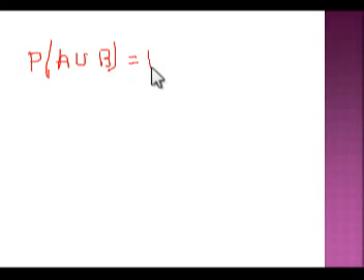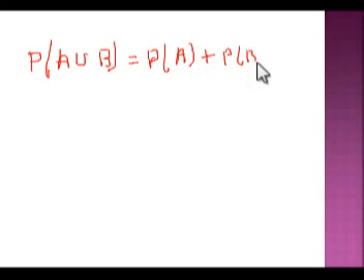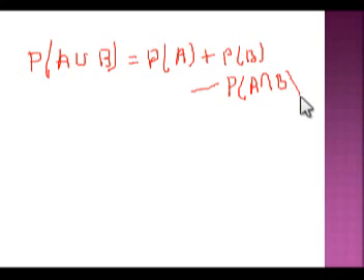So look at this: the probability of two intended sets A union B is the probability of A plus the probability of B minus the probability of A intersection B. I am giving an example to make it clearly understandable, how this is true and how we can calculate A union B.